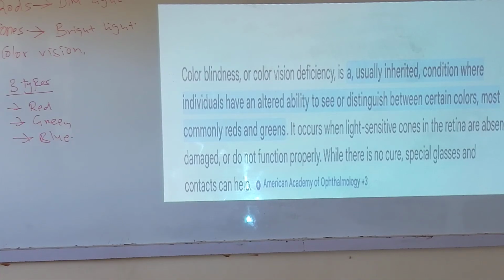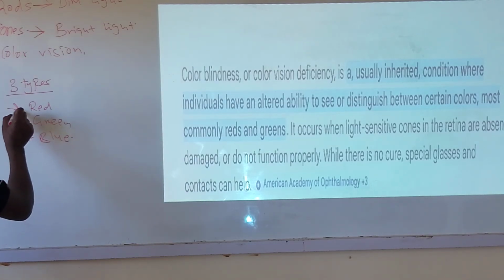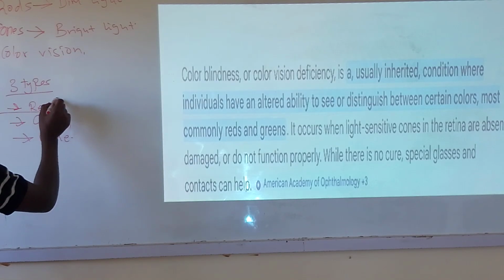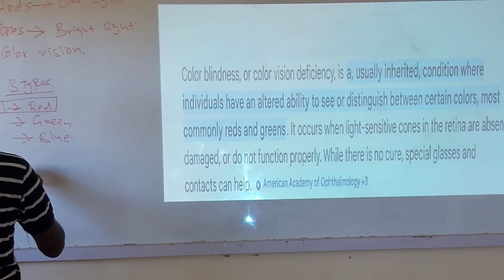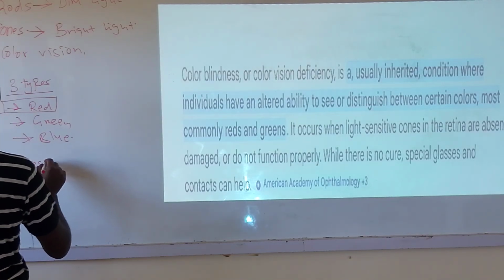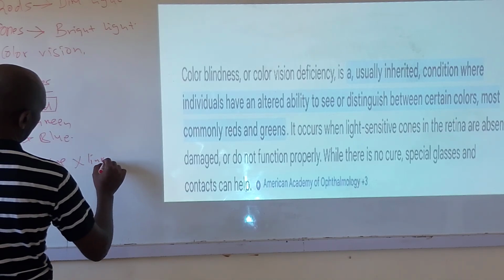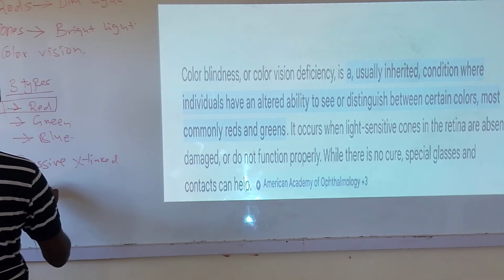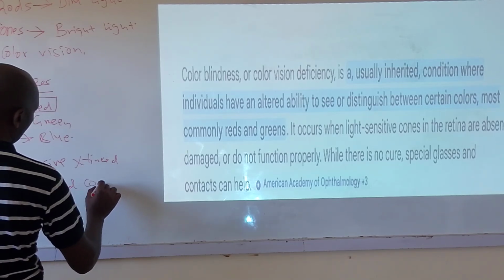In the event that you have cones that have defects for red color, then it means you'll not be able to visualize red color. And this issue of color blindness is a recessive, X-linked, inherited condition.